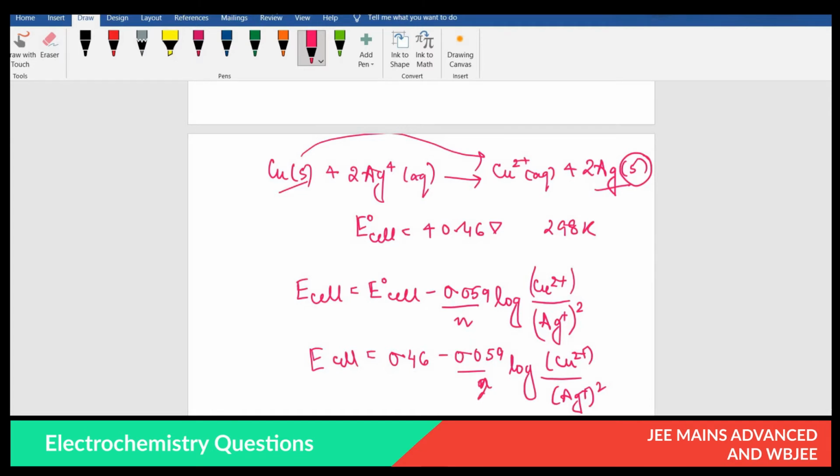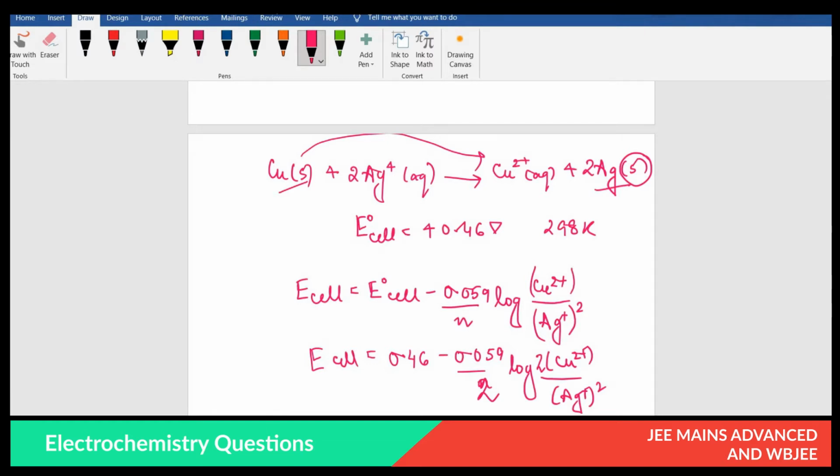Now the question says that the molar concentration of Cu2+ ions has been doubled. In a reaction, the molar concentration of Cu2+ ions will be doubled. Now, if the molar concentration of Cu2+ ion gets doubled, we can make it here 2 Cu2+. Is it clear?